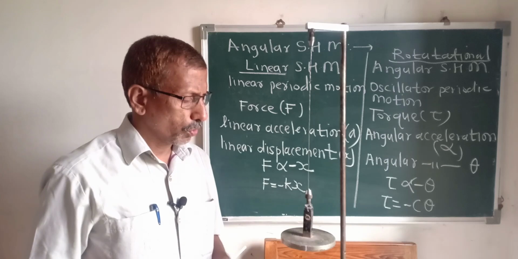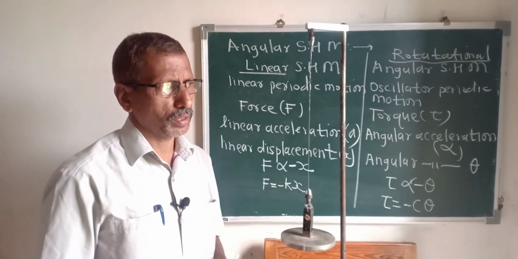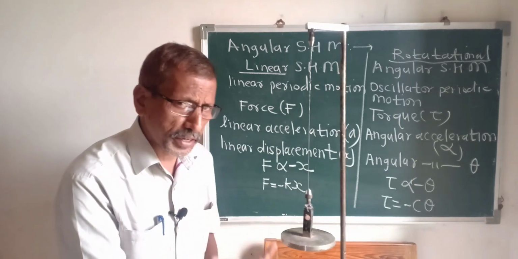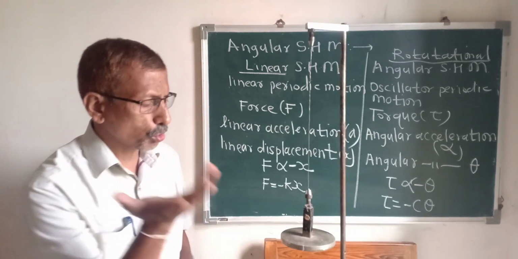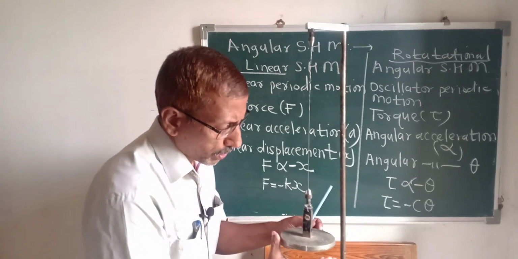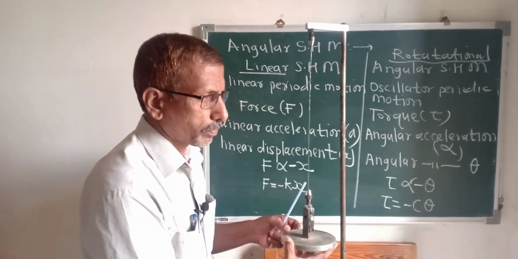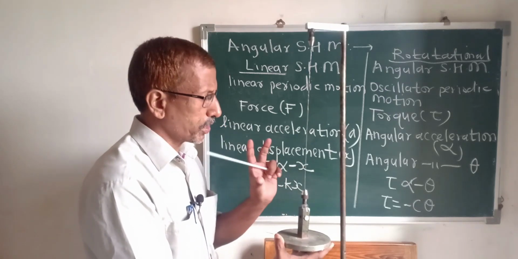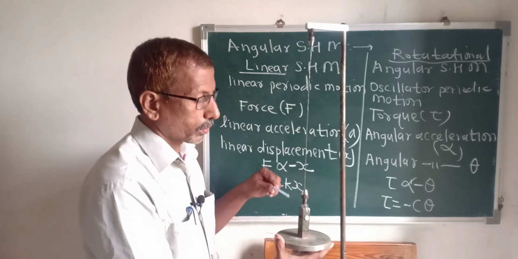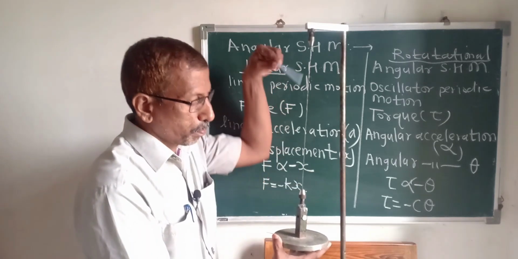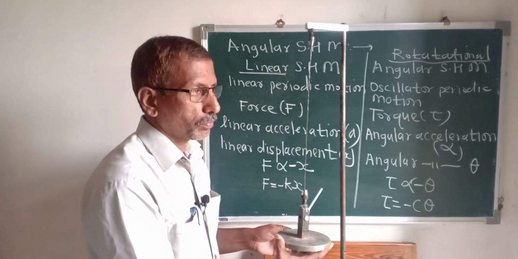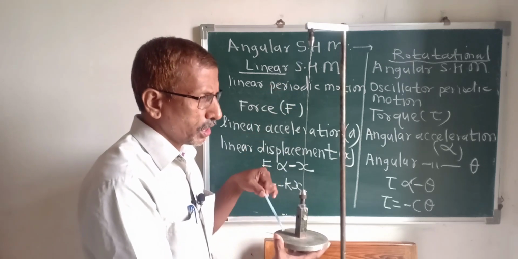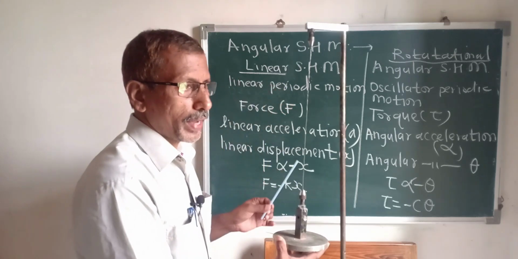Now, suppose this disc is twisted or rotated like this, or like this, about this axis passing through the center of the disc, and this axis is along the length of the metal wire.